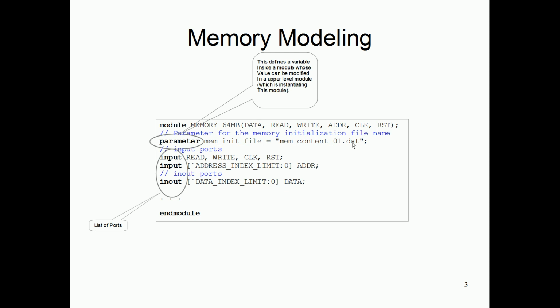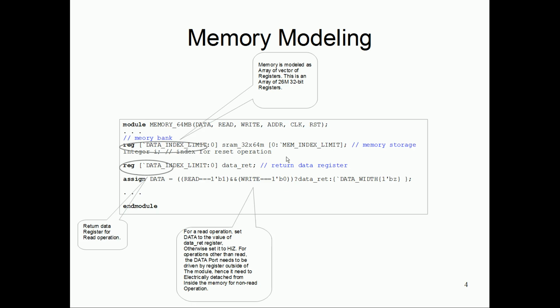We'll describe it later in a minute, but essentially it contains some of the data which will be loaded in our memory model at the reset time. Okay, now how do we actually define the storage?